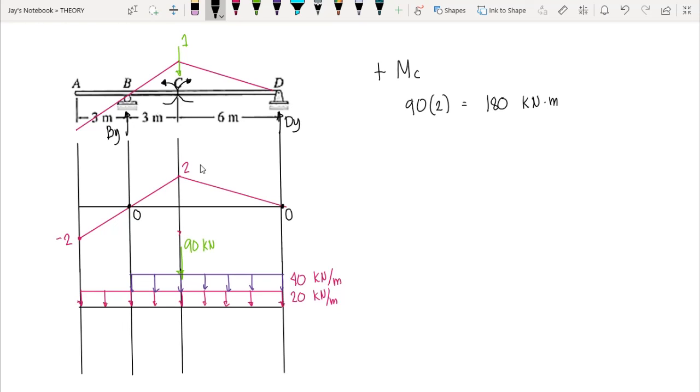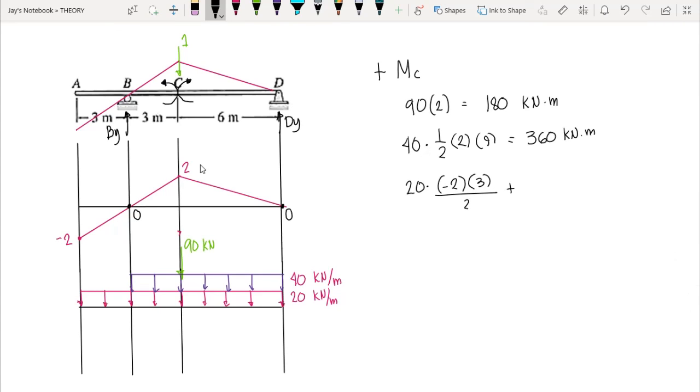Now for the live load, we have here 40 times the area, in which we have 1/2 times 2 times 9. This is the area of the entire triangle. So this would give us 360 kilonewton meter. And for the dead load, we have 20 times, since we have a negative ordinate, -2 times the 3/2.